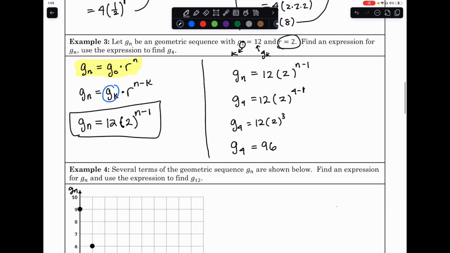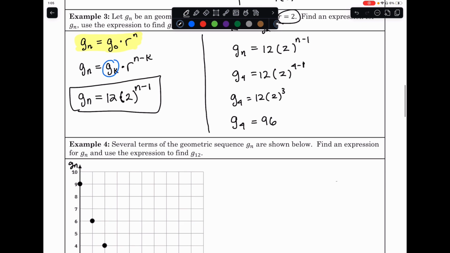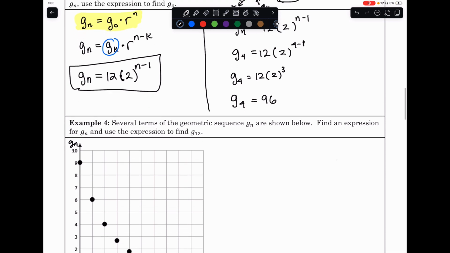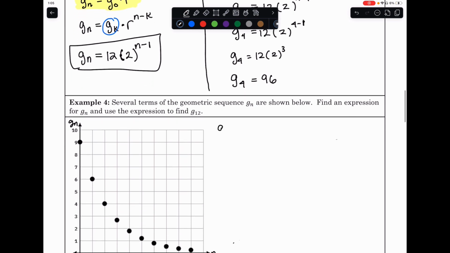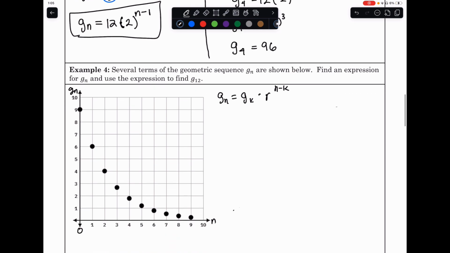Now for the next problem right here, we don't have to use the general formula, g of n is equal to g of k times r to the n minus k power. In this one, we could actually use the initial formula, g of n is equal to g of 0 times r to the n power, because we know what the first number in the sequence is.